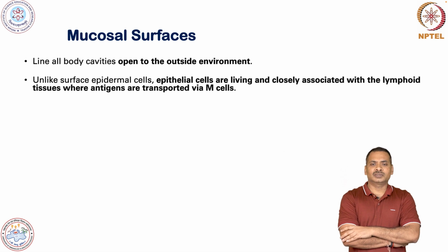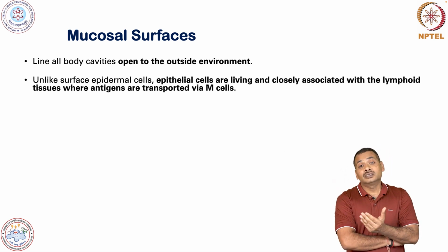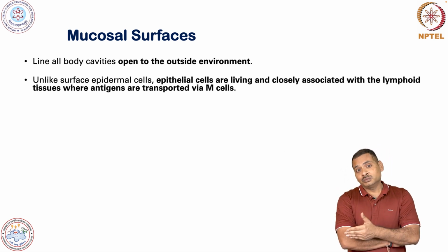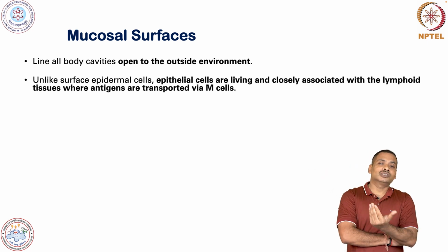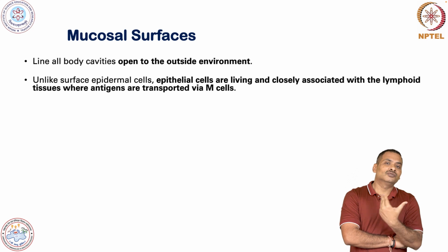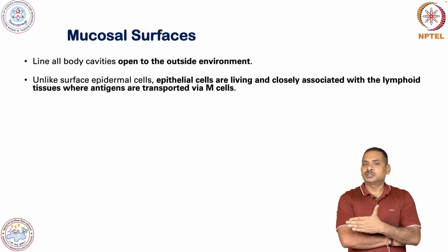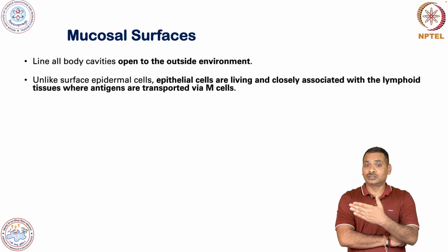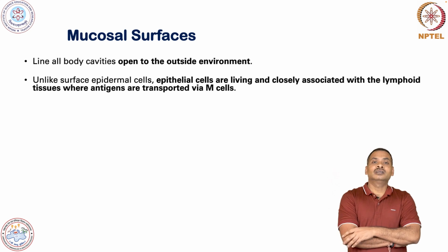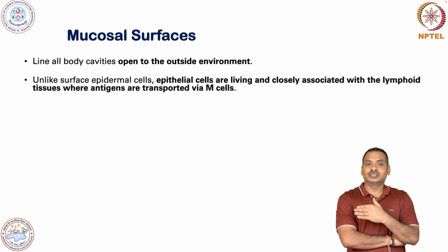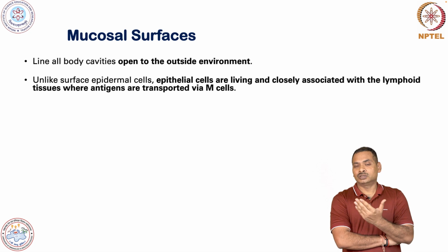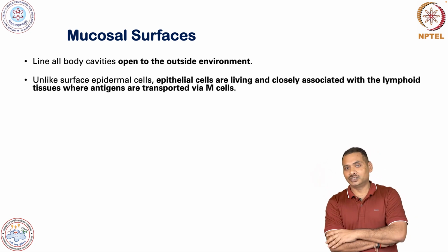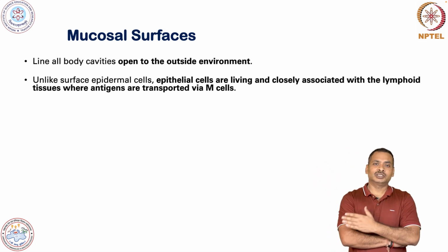And you may remember that in order to transport the antigen to the lymphoid tissue, there are some specialized cells which we call M cells. I discussed this during the discussion about mucosal associated lymphoid tissue.